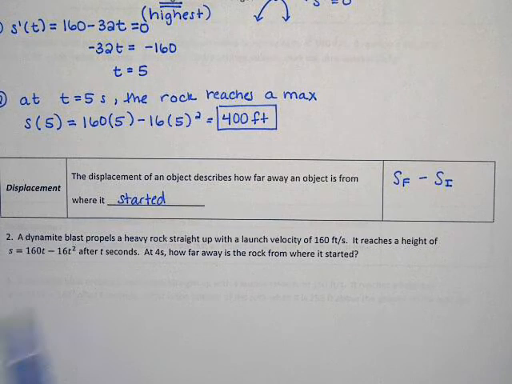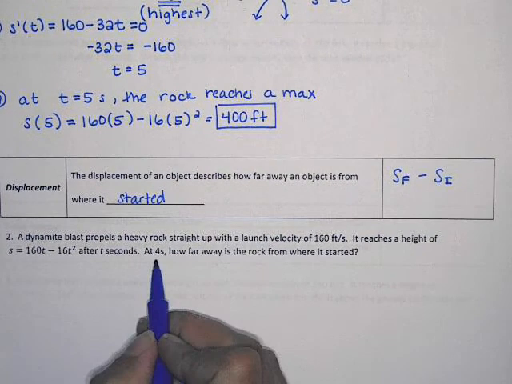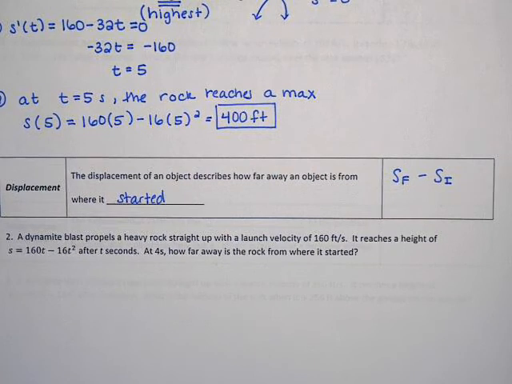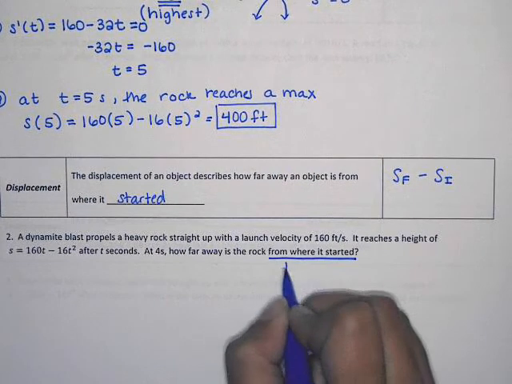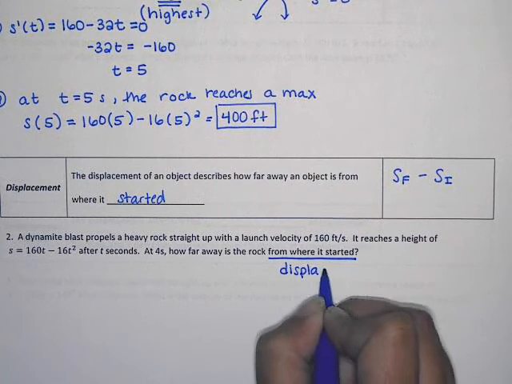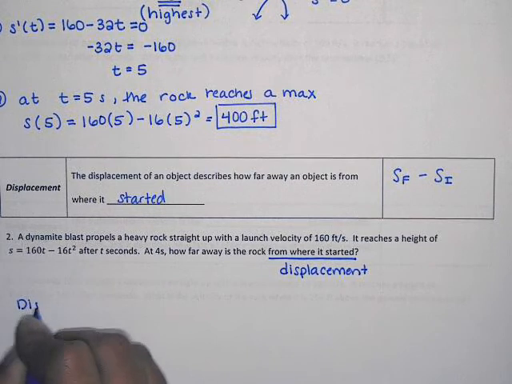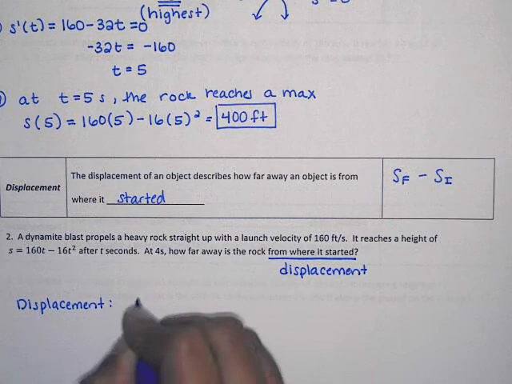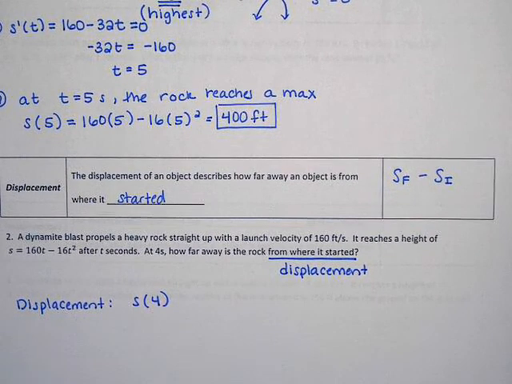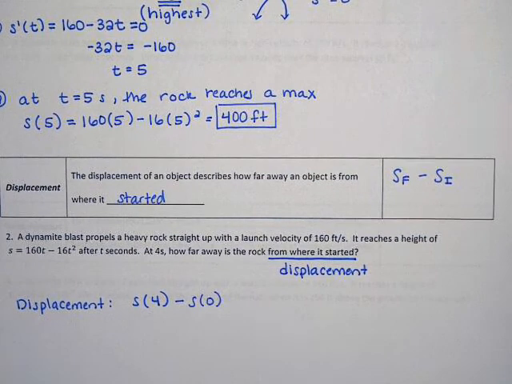A dynamite blast propels a heavy object straight up with the same launch velocity, the same position function. At t equals 4 seconds, how far away am I from where I started? If I'm saying from where I started, it's asking me about displacement. So to calculate my displacement, I'm going to need my position at the end, which is at 4, minus my position at the beginning, which in this case would be 0.